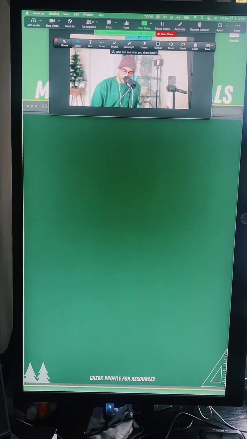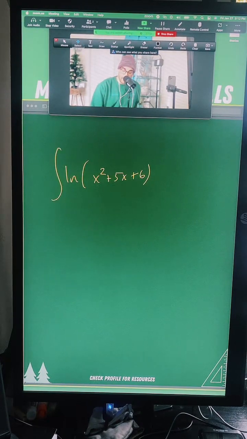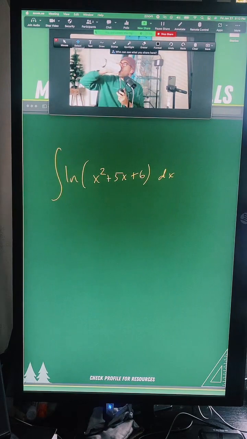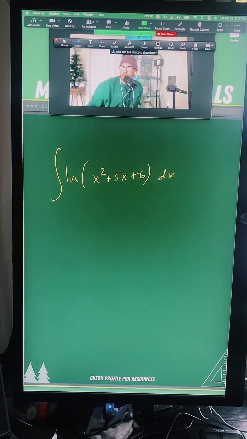Are you saying something like this, like natural log of x squared plus 5x plus 6, like the integral of that, or just do the natural log? Okay, so it's obviously going to depend. Okay, integral of this. So this is actually really interesting. So let's talk about what happens. It looks like we couldn't factor this out.